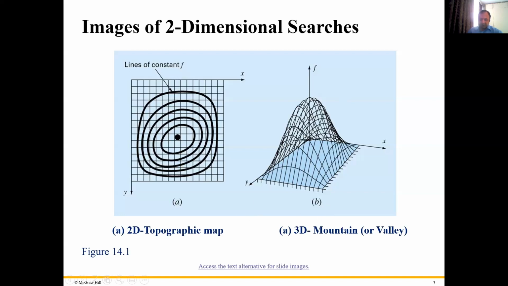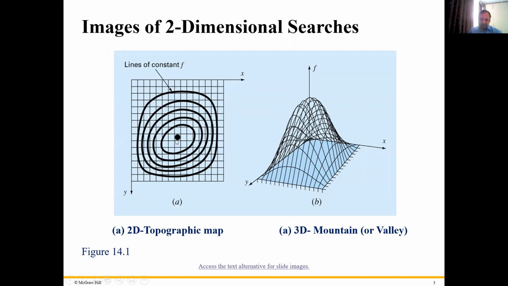This is in three dimensions. In two dimensions we can convert that 3D map into a 2D map by contour lines. That means we can find the paths on that surface that have the same height, or the same value of f.